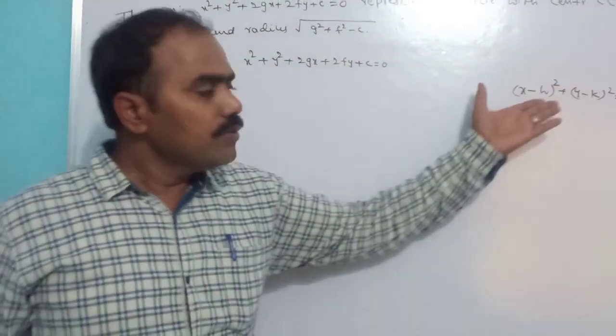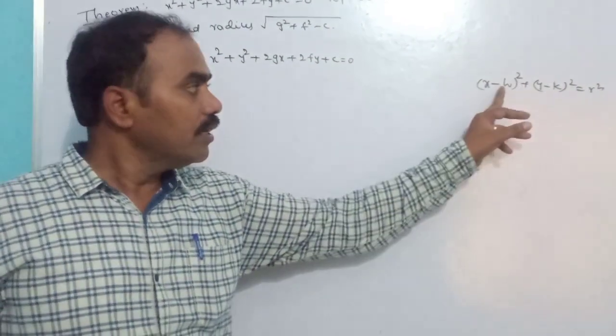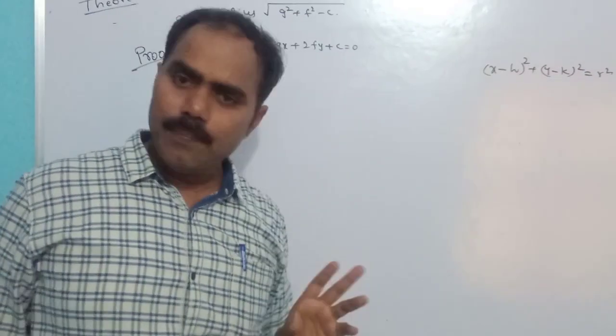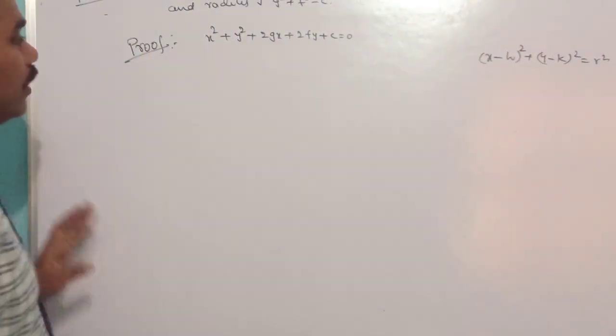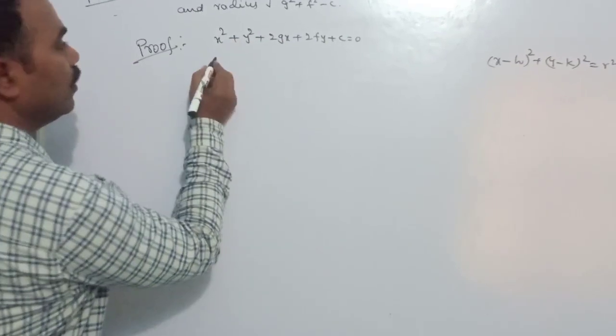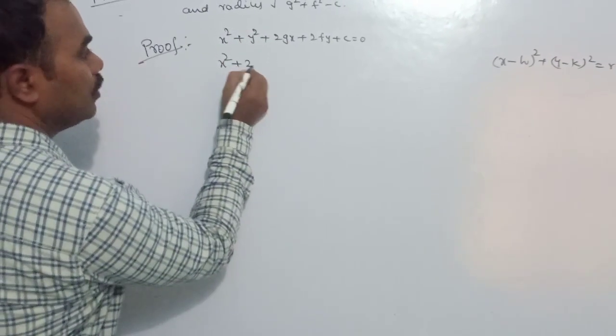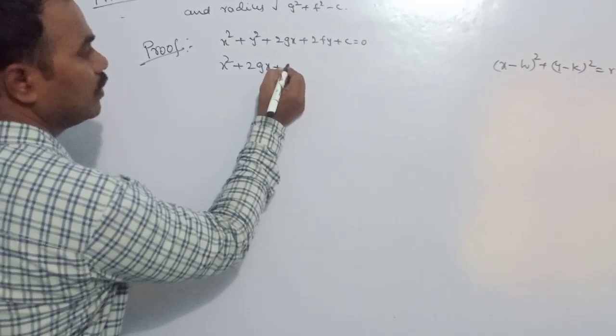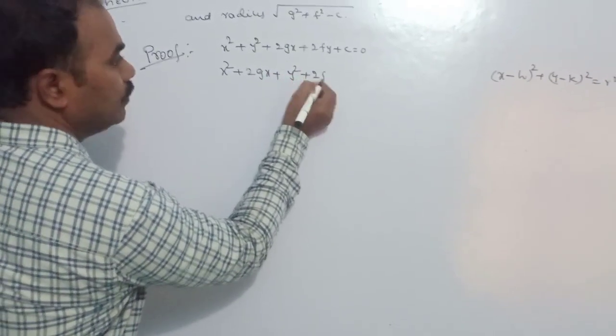By using this equation, we can easily say (h, k) is the center and r is the radius. To change the equation to this form, first we write the x terms first, then the y terms, and then the constant.